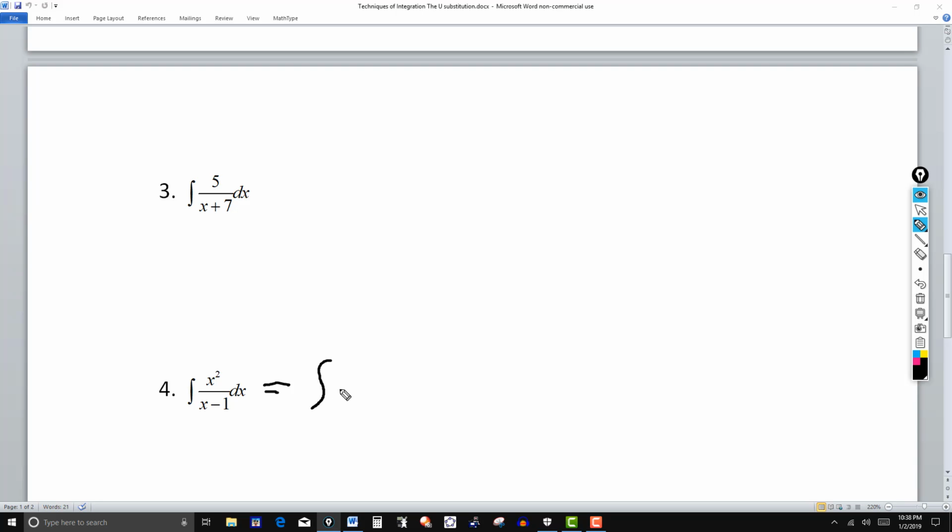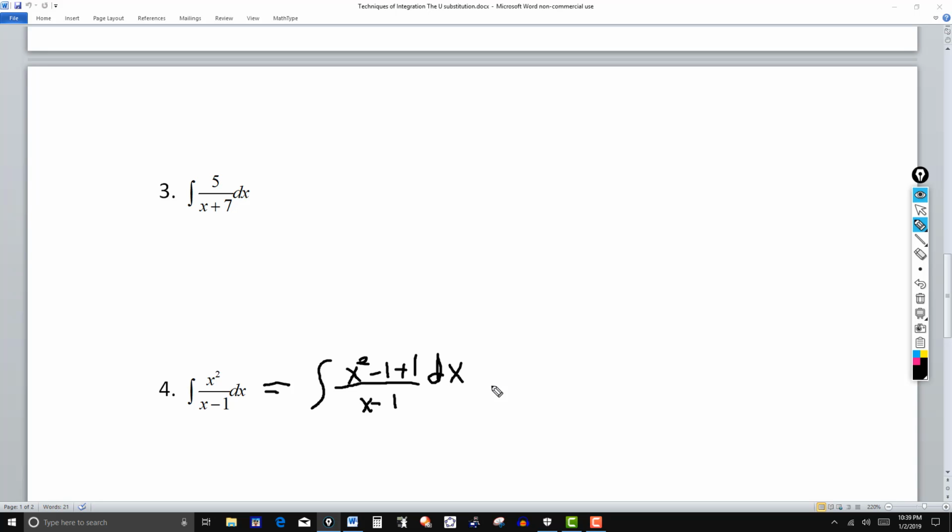I'm going to say this is x squared minus 1 plus 1 divided by x minus 1. So in other words, I'm just rewriting this so that I can use a formula that I'm familiar with. And basically the formulas I'm using are the ones I just went over at the top of this page.